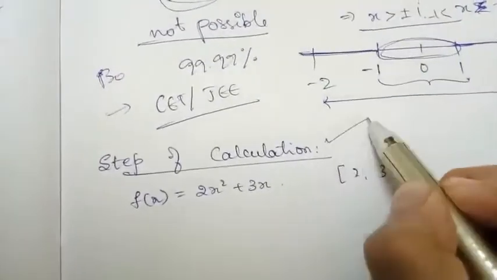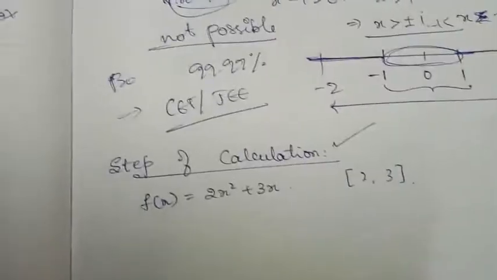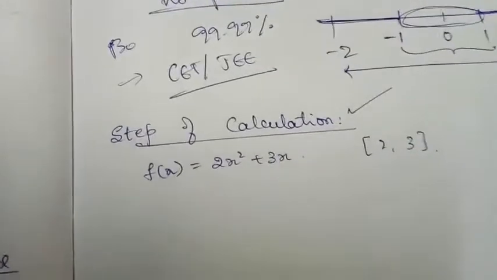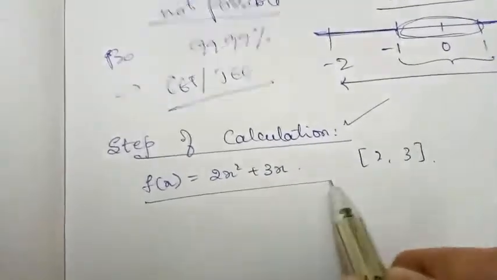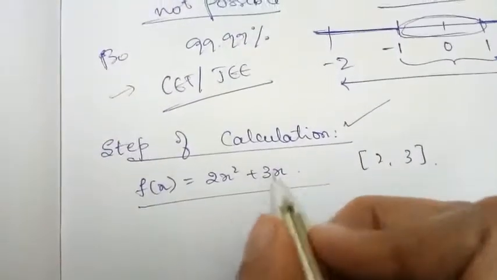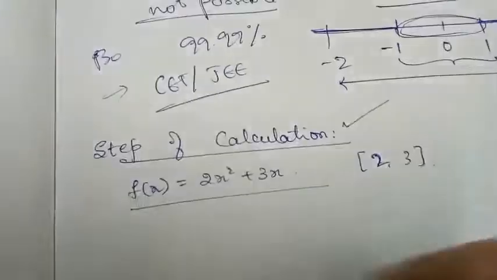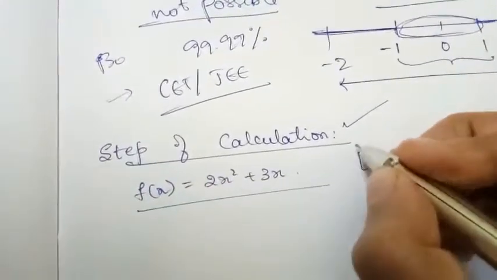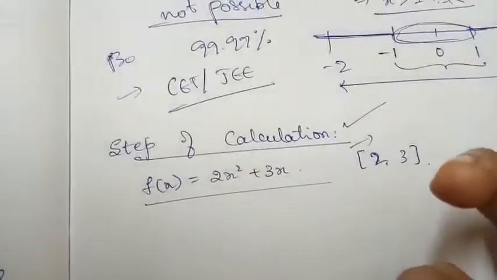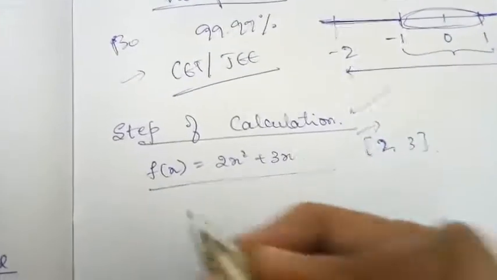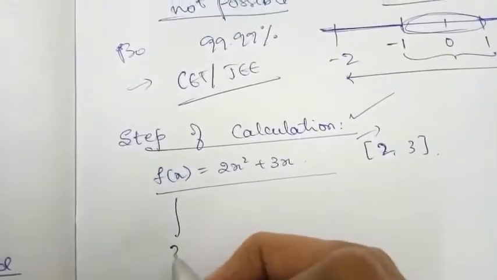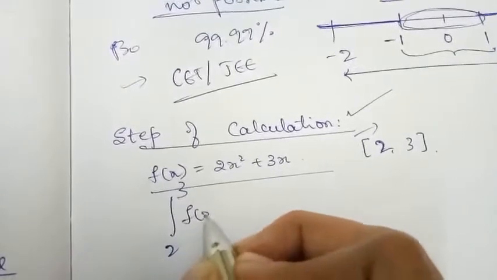So I hope you have got how the steps of calculation go. You can see here, they have given the function f of x is equal to 2x square plus 3x in the closed interval 2 to 3, and they ask us to find the integral, or the area under this curve, from 2 to 3 of f of x dx.